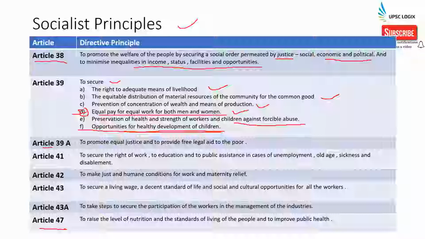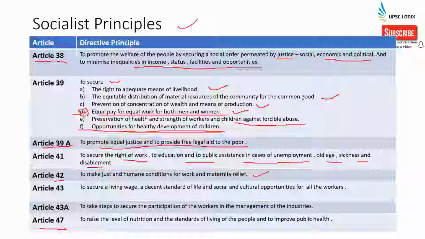Then Article 39A says to promote equal justice and provide legal aid to the poor. Article 41 is to secure the right to work, to education, and to public assistance in cases of unemployment, old age, sickness, and disablement. Article 42 tells us to make just and humane conditions for work and maternity relief.